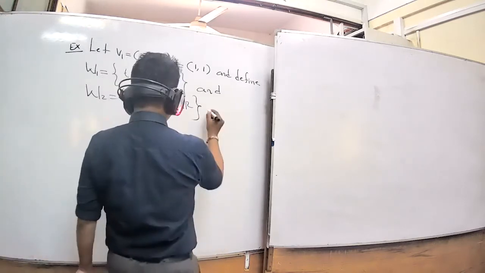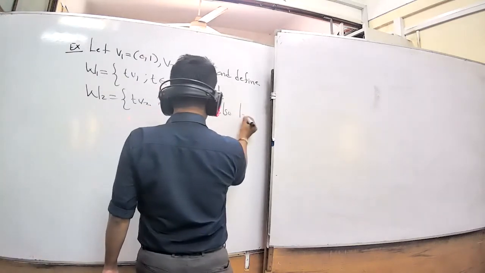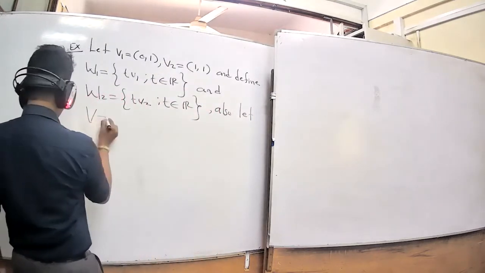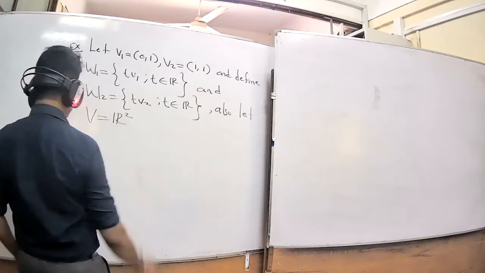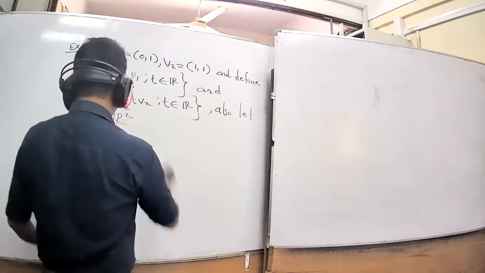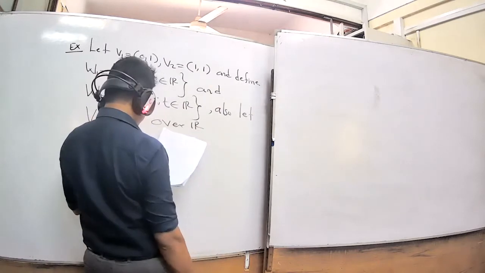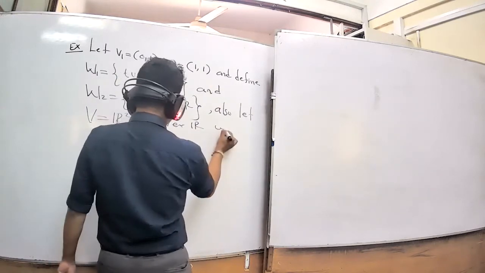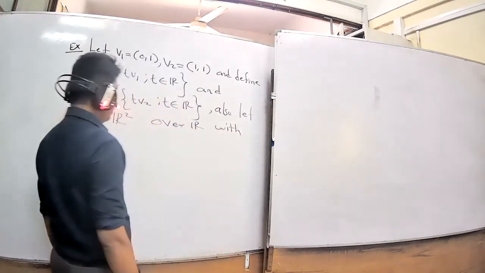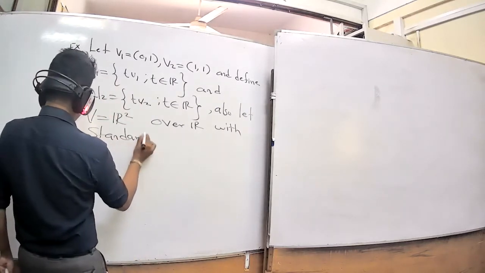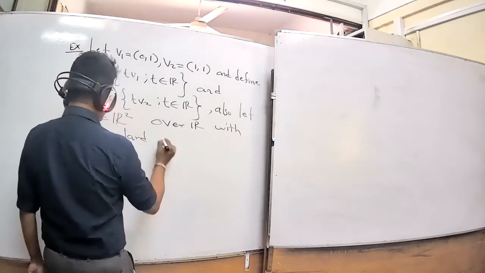Also let V equal R squared, the set of ordered pairs over the reals with standard operations.